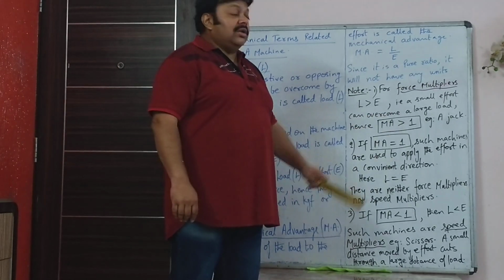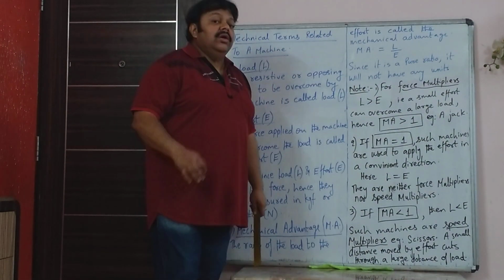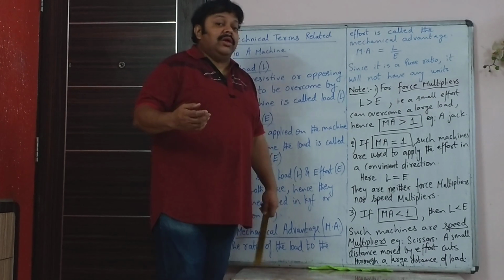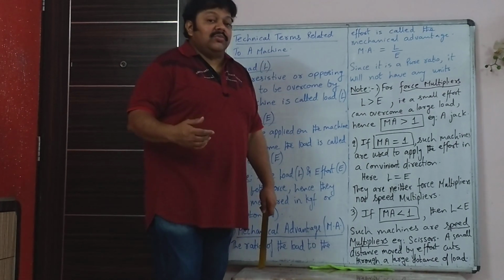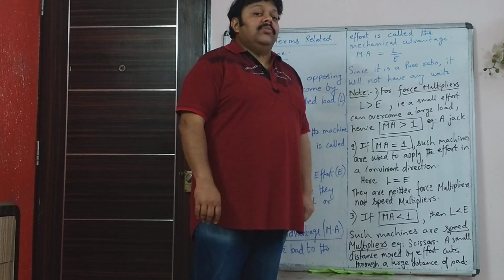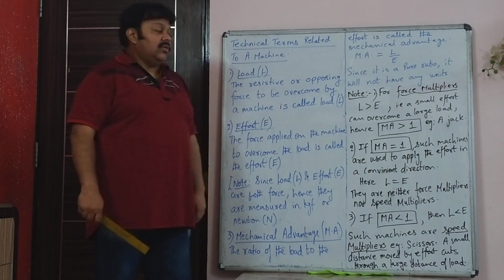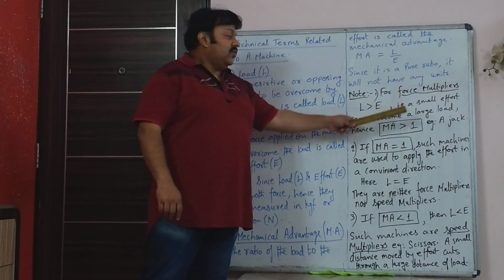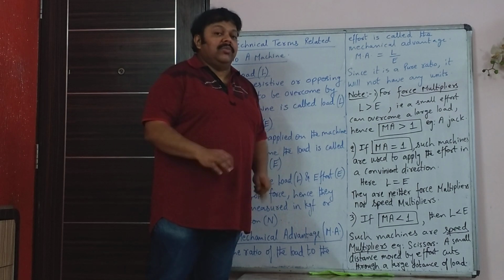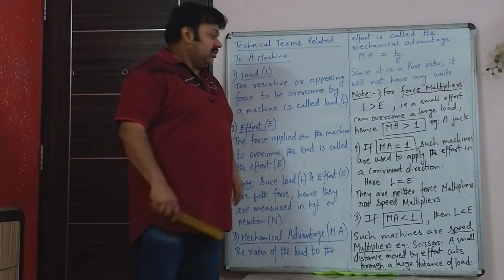Such machines where MA is greater than 1 are called force multipliers. So always remember, if you see MA greater than 1, they are force multipliers.